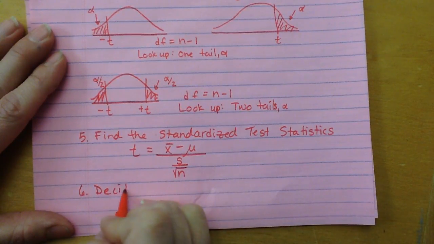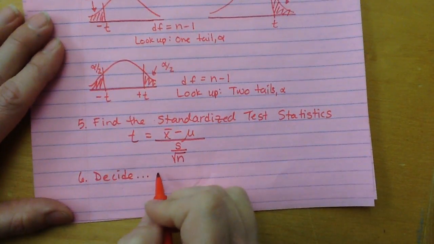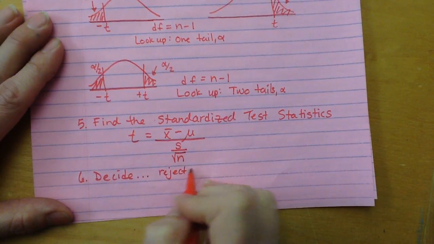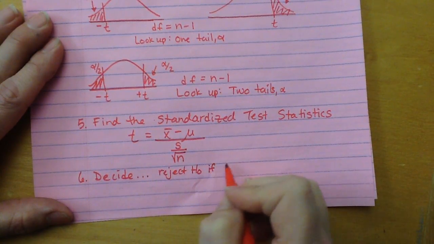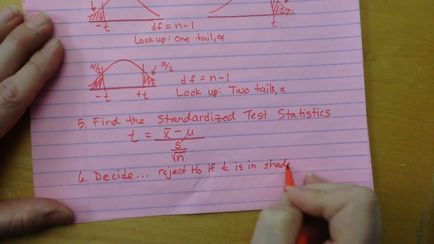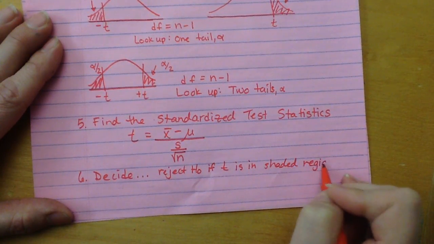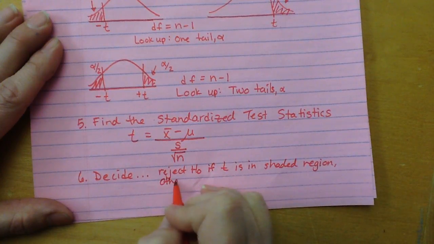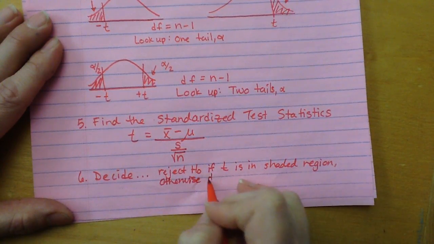Step 6 is to decide. Remember, we reject H sub 0 if t is in the shaded region. Otherwise, do not reject H sub 0.